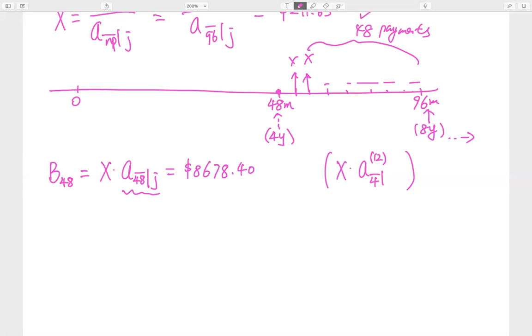But of course, you can also try retrospective. So if you try another method, this is the first method, this is the second method. This is the original amount I borrowed at time 0. Let's convert it to the 4th year. So again, this is the annual interest rate.